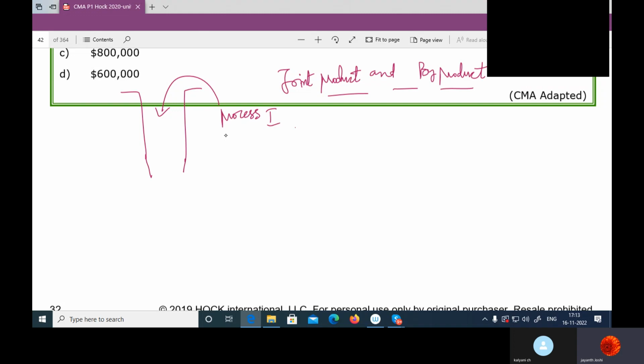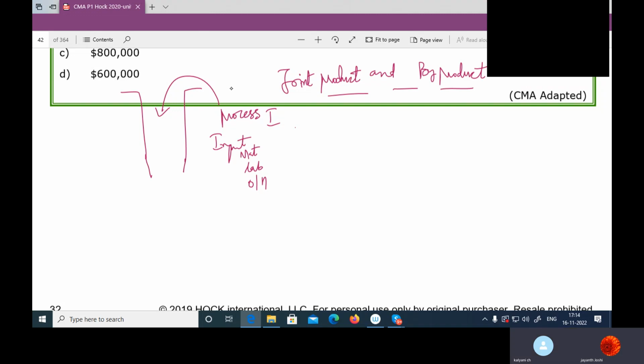In this process you have given some input in the form of material, labor, overhead. You are producing something, and for that you are following some procedure or process. This process is all about converting the raw material into finished good.